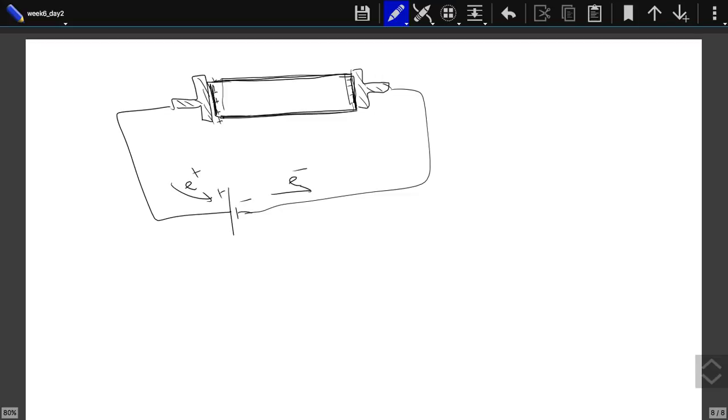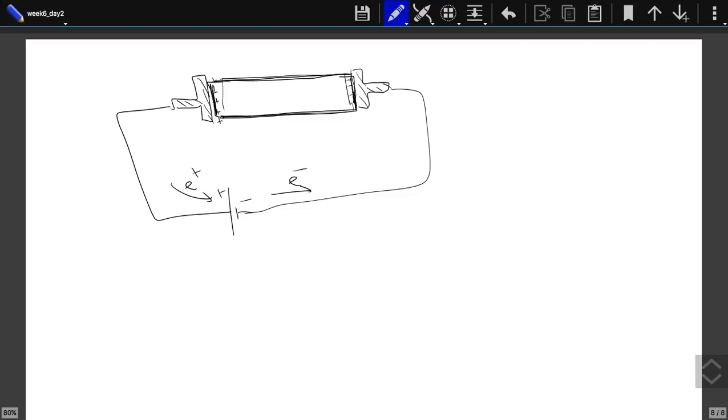Or if this is very long, it will take the charges a long time to go from one end to the other end. But what will happen is, there were positive charges over here and negative charges over here. So the electrons will be moving from the negative side to the positive side through this conductor.